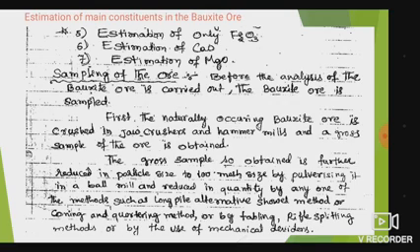The gross sample so obtained is further reduced in particle size to 100 mesh by pulverizing it in a ball mill, and reduced in quantity by any one of the methods such as long pile, alternate shovel method, or coning and quartering method, or by tabling, riffle splitting method, or by a mechanical device.